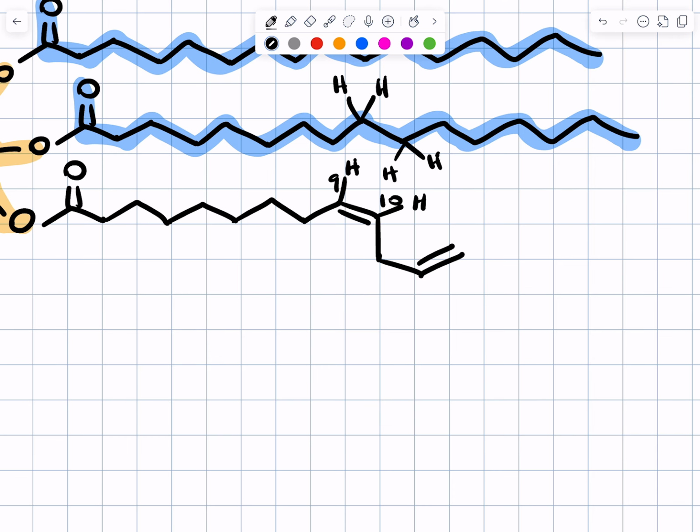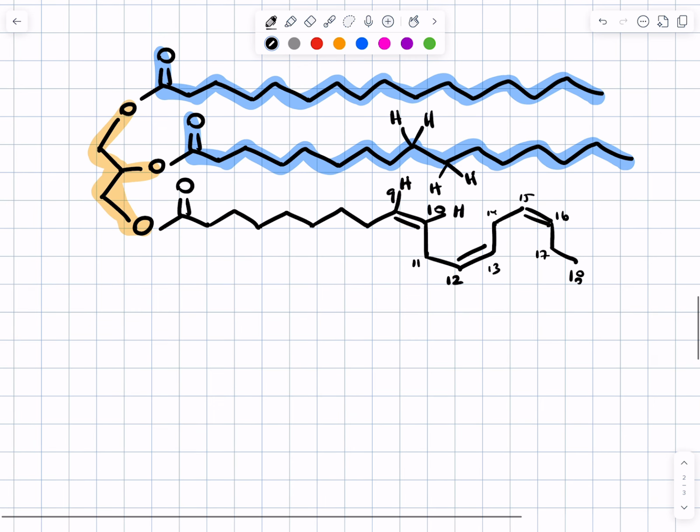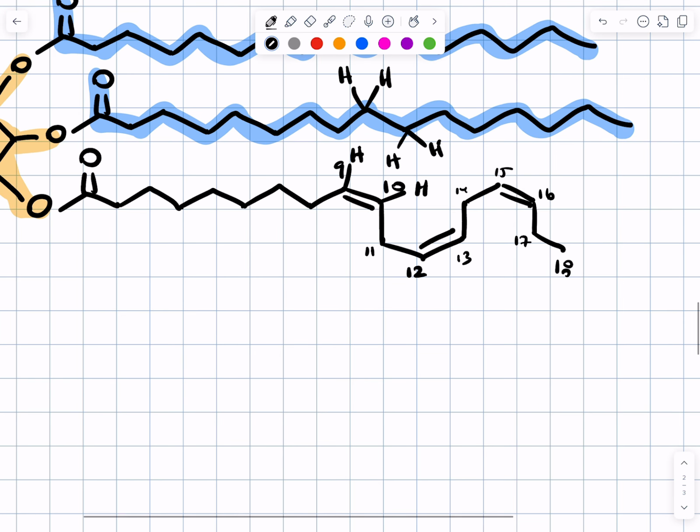So the next double bond here would be between carbons 12 and 13, and then another one between 13 and 14, between 15 and 16, and then we'll go 17 and 18. So this is an 18 carbon fatty acid. You will see this described based on the number and location of the double bonds.